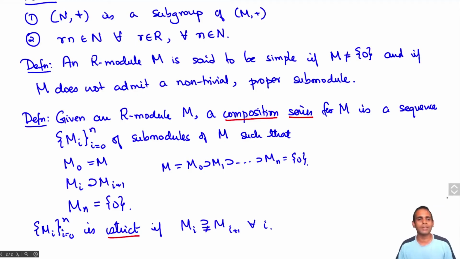Now we can compare composition series. There's a partial order on the set of all composition series, and this partial order is that of refinement.